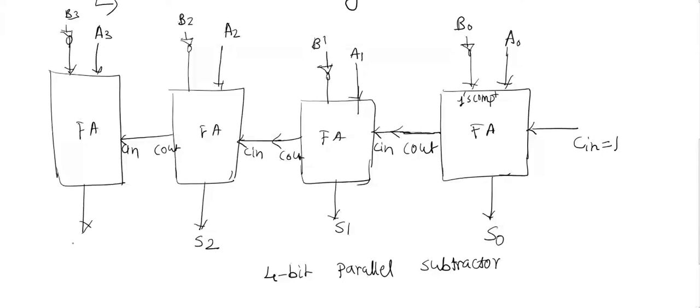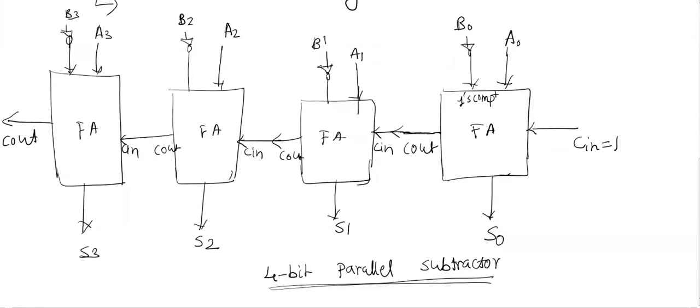And the output generated is S3 and the final carry out. Do you clear? Now this is the 4-bit parallel subtractor block diagram.